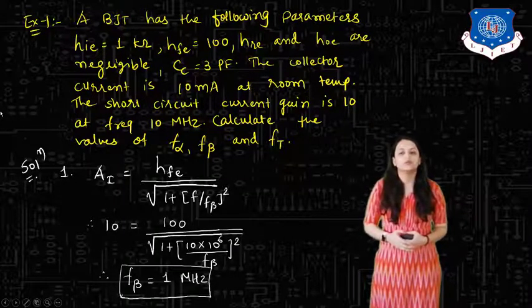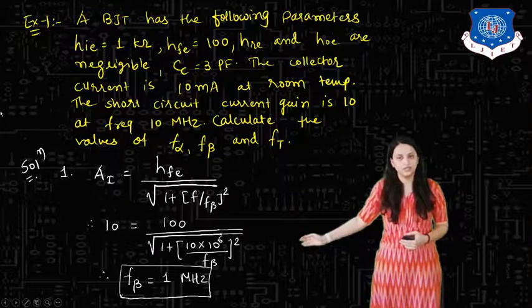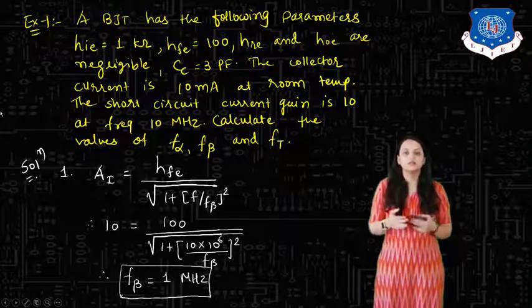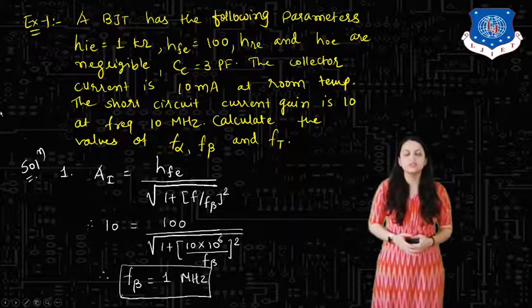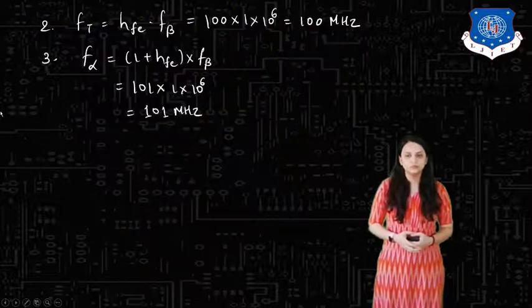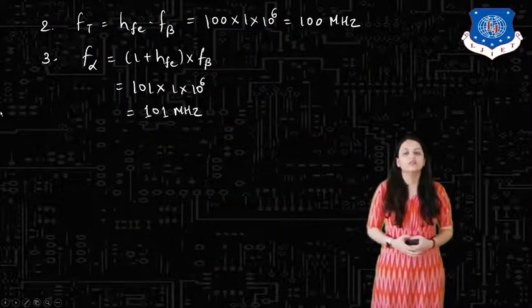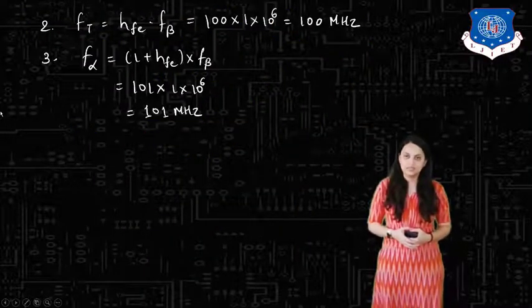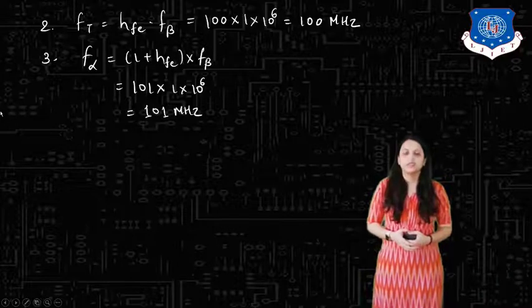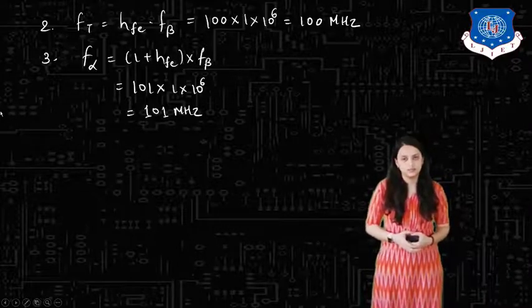Next we place the value of frequency. By placing all these values and solving this equation, we get f beta equals 1 megahertz. Now next we will find f t. f t equals hfe into f beta, that is 100 into 1 into 10 raised to 6, that is equal to 100 megahertz.